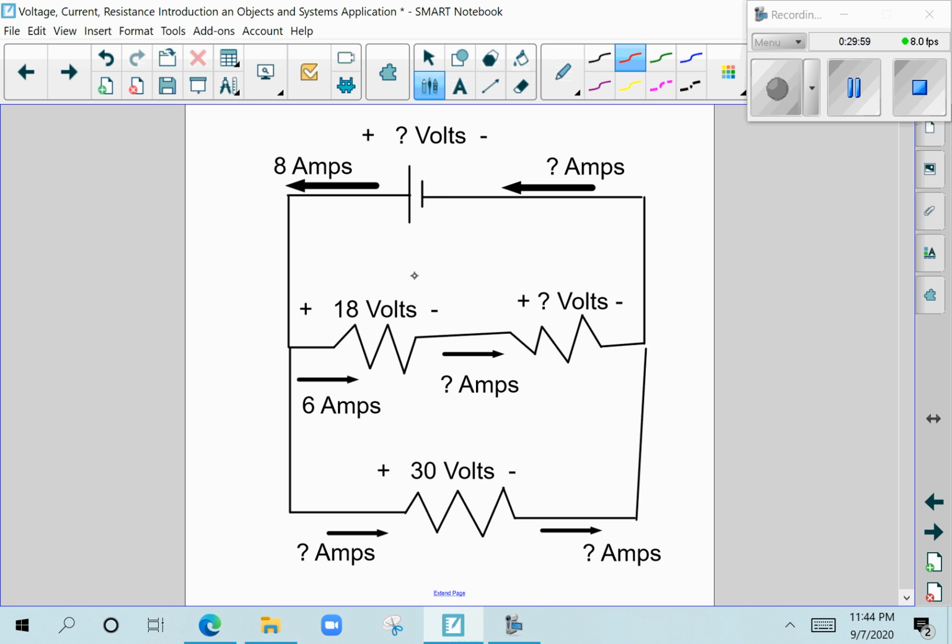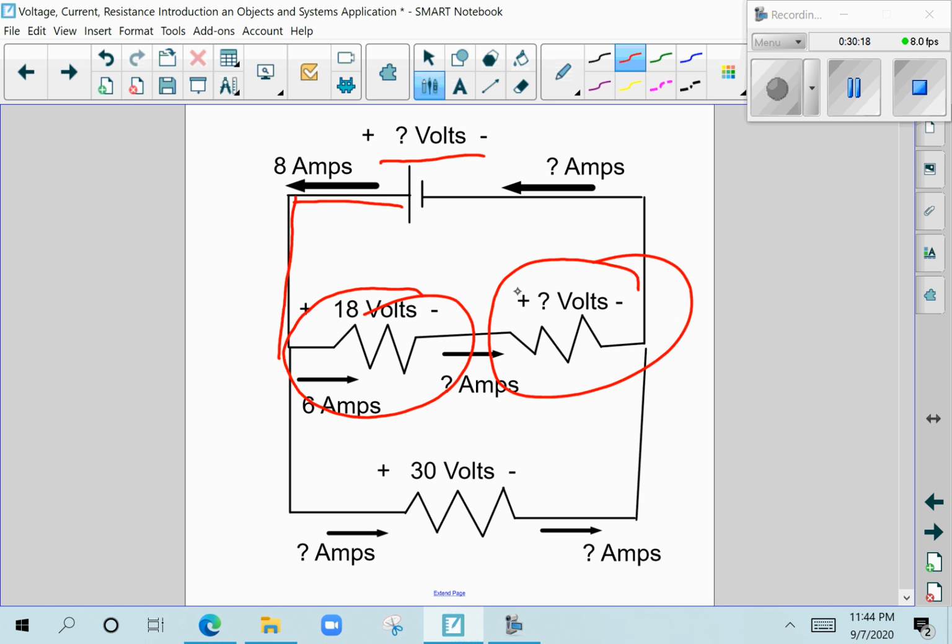I do not know the voltage of the battery, but I do know that 8 amps leave the battery. 8 amps go down this wire here, where it's going to split up among these resistors. Here I have a resistor whose resistance I do not know, and here's a resistor where I know next to nothing about. And then I have another resistor down here that I know very little about, except it receives 30 volts.